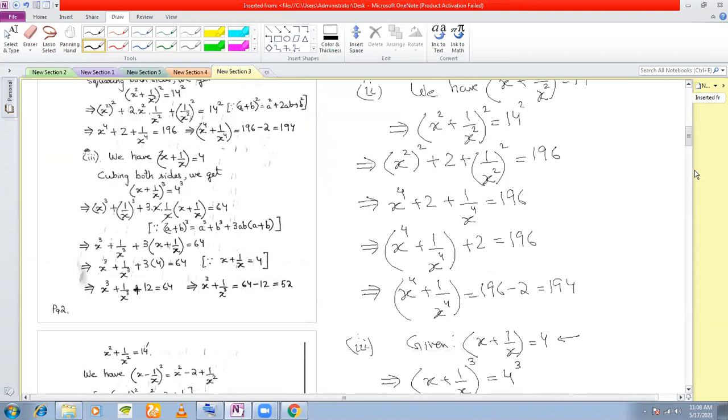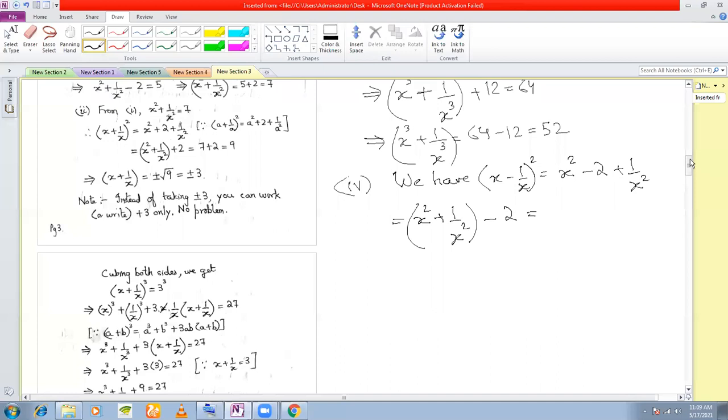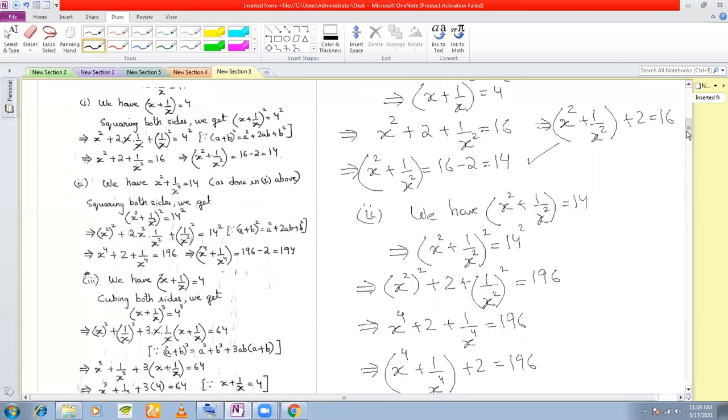So if you want to find x minus 1 by x, we write the identity. x minus 1 by x whole square will be equal to x square minus 2 plus 1 by x square. Now you take the x squares together. x square plus 1 by x square we have already found in part 1 to be 14.